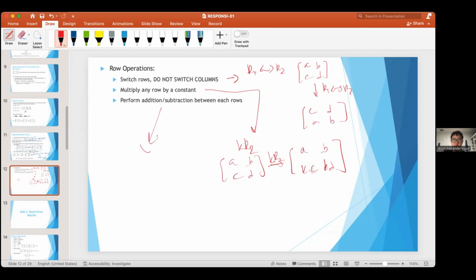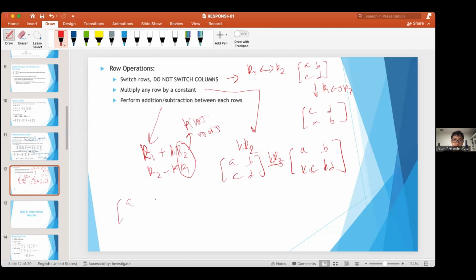Now for this one, you can do R1 plus KR2 or R2 minus KR1, where this part here is called the pivot row, and it will remain unchanged in the operation.